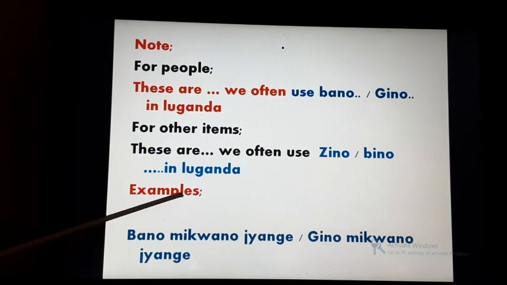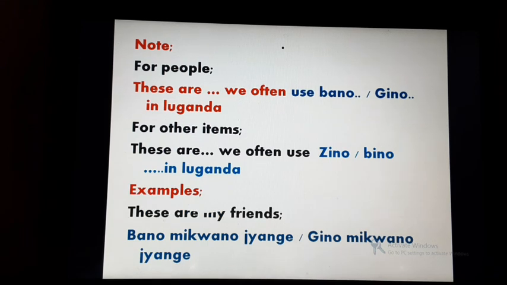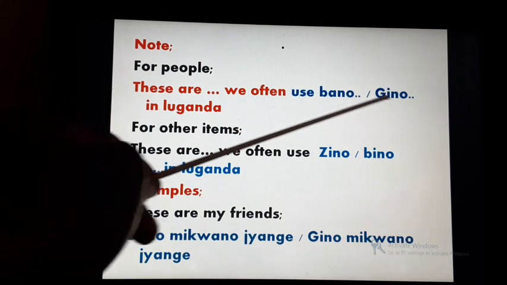Okay, let's go into examples. These are my friends, which means you are referring to people. Remember we said for people, these are, we use it as bano oba gino.